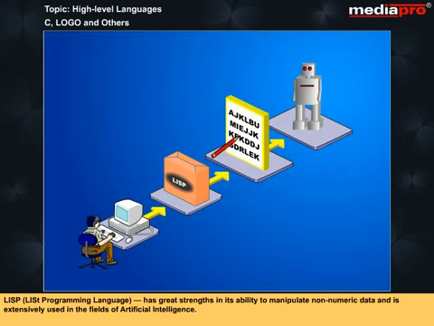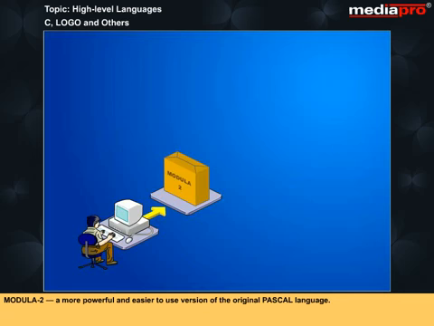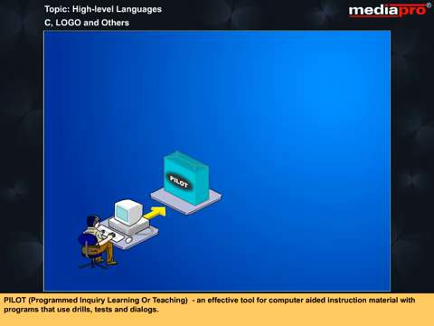Lisp programming language has great strengths in its ability to manipulate non-numeric data and is extensively used in the fields of artificial intelligence. Modular 2, a more powerful and easier to use version of the original PASCAL language. Pilot, or programmed inquiry learning or teaching, an effective tool for computer-aided instruction material with programs that use drills, tests, and dialogues.